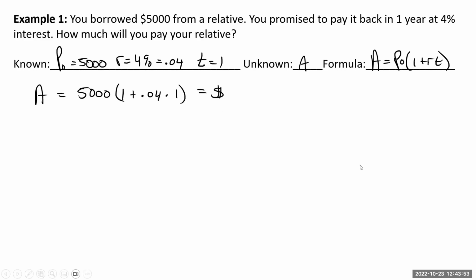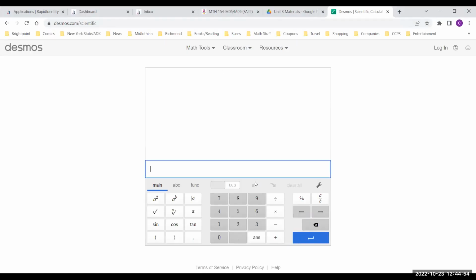All right, so let's go ahead and take a look at how this looks as a Desmos calculation. Guys, I said Desmos, but again, it's very important that you decide what calculator you're going to use and become familiar with that. I'm going to model in this video using the Desmos scientific calculator. So here we are on our calculator page, and then all we need to do here is just simply type in exactly as I had it written there.